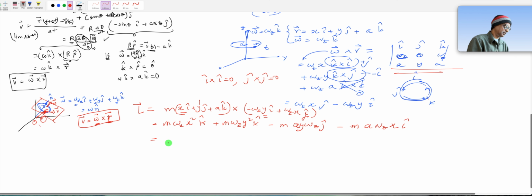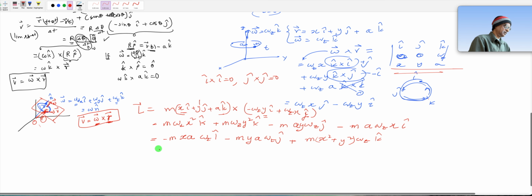With i hat, it's going to be minus m x a omega z i hat, minus m y a omega z j hat, plus m (x squared plus y squared) omega z k hat.